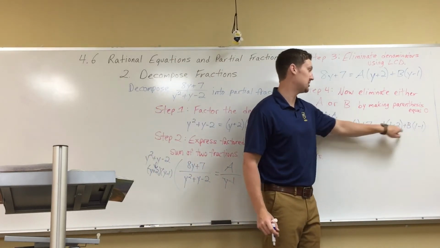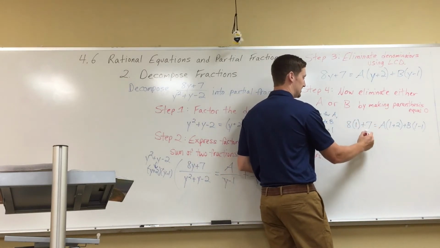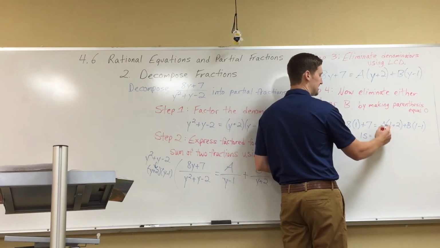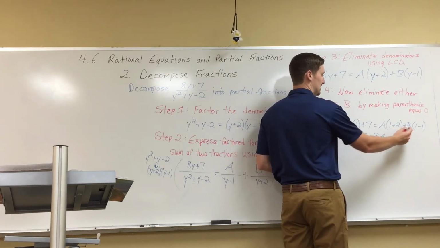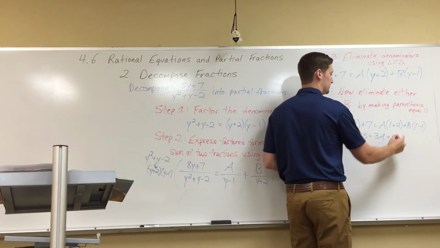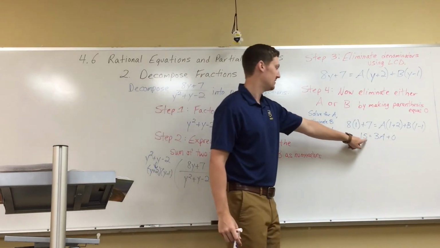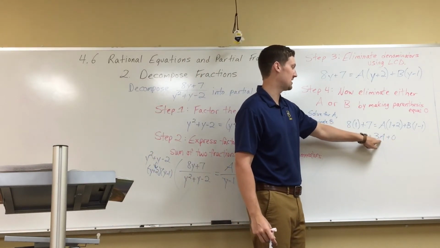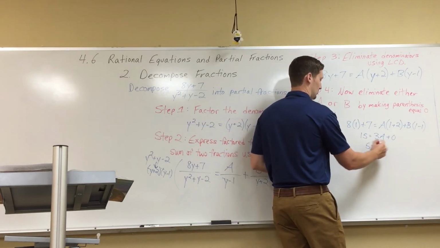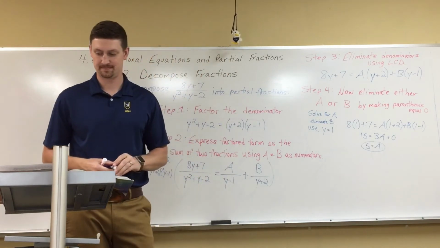In a minute, that's going to be 0, and we're going to have one unknown. 8 times 1 is 8, plus 7 is 15. 1 plus 2 is 3, times a is 3a. 1 minus 1 is 0, times b is 0. Trying to solve for a: 15 equals 3a plus 0. How do we solve for a? Divide by 3. A equals 5.